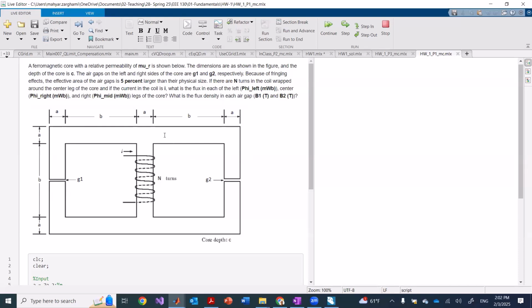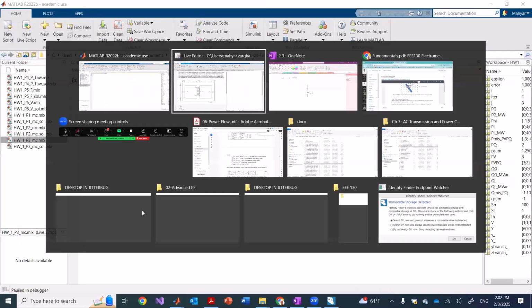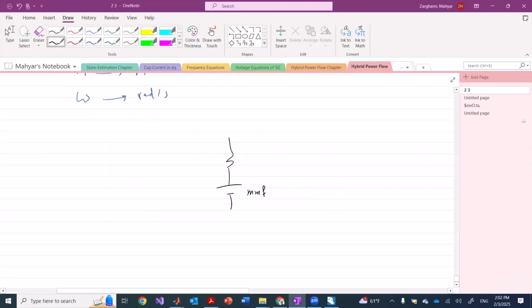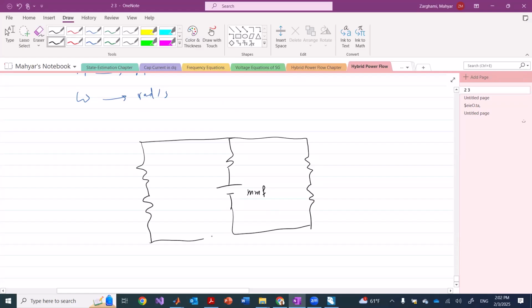On the right-hand side, you can add up these two reluctances together, and the reluctance associated with G2 comes in series ultimately, and in the middle you have its own reluctance. So it would be something like this. You have two reluctances on the left, two reluctances on the right, and one reluctance in the middle.